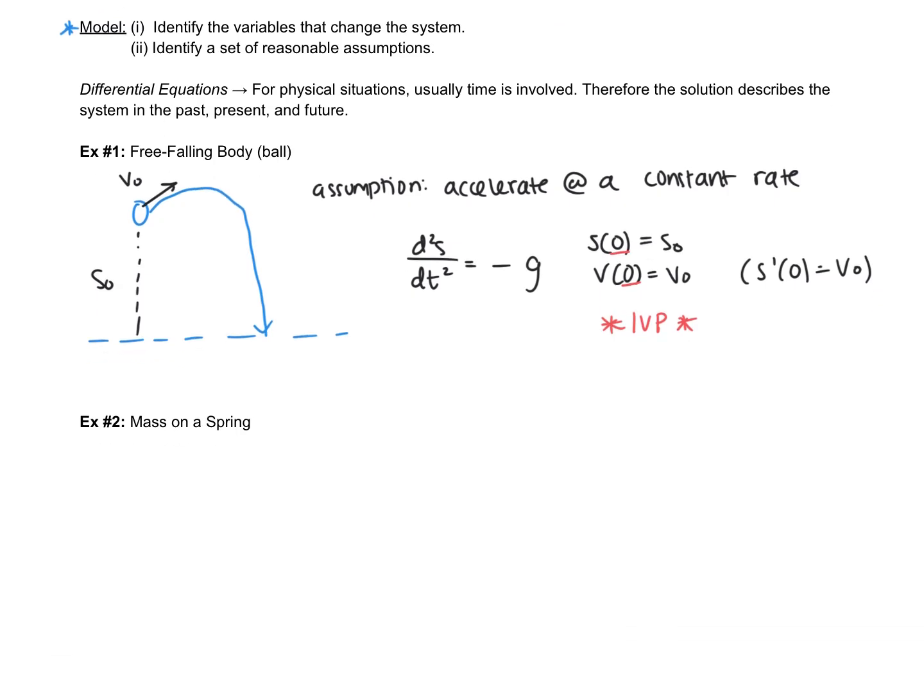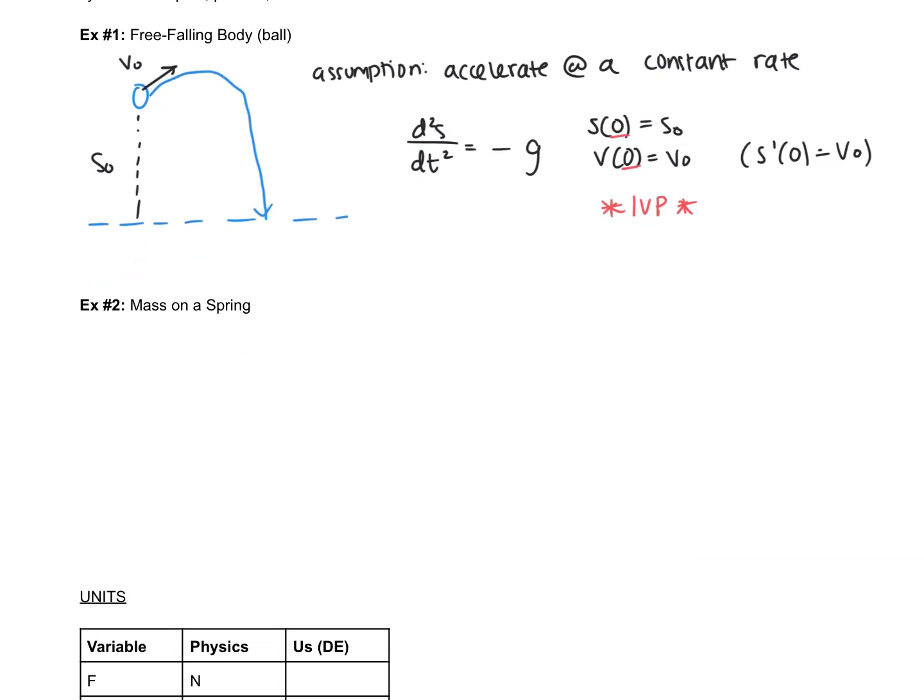Okay, so let's look at the next one. Next one, we're going to be taking a look at mass on a spring. So let's say we have our ceiling here, and we have some spring. Attached to that spring, we have some object that we're going to say has mass m, and that object is pulling us down.